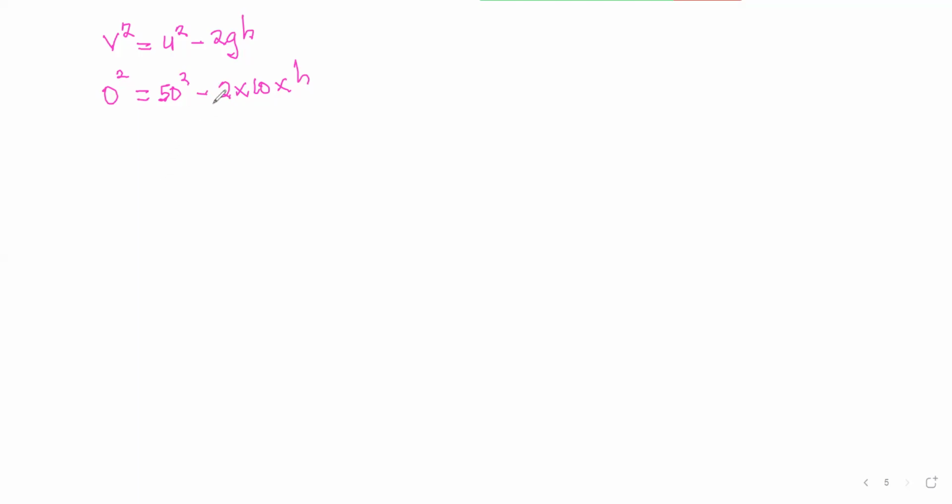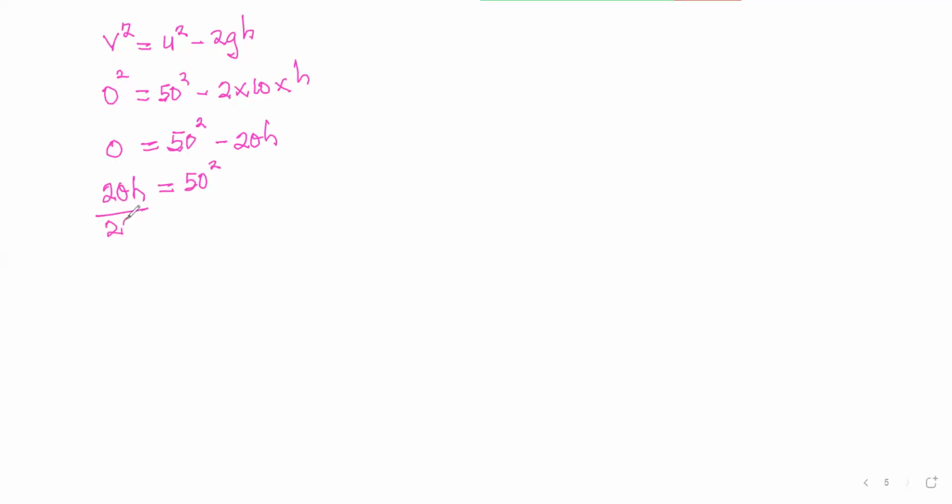Okay, so let's see. 0 squared is 0. It's equal to 50 squared, let's maintain that for now, minus 2 times 10, which is 20h. Because we are looking for h, let's send the negative to the other side of the equation, and so that will be 20h is equal to 50 squared.